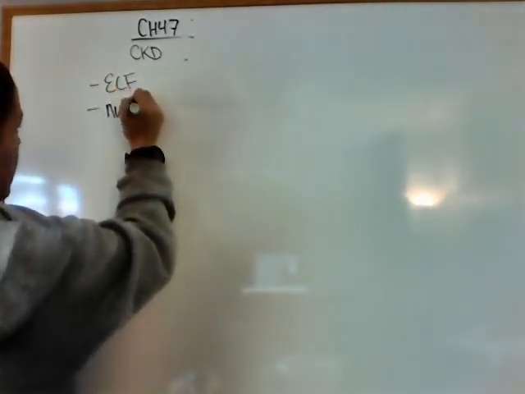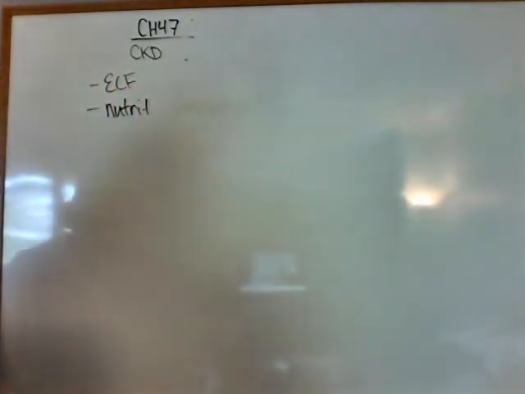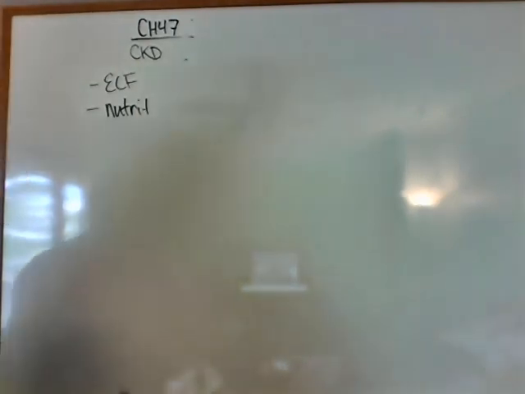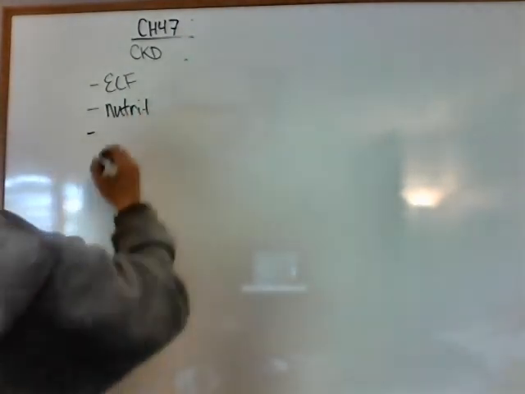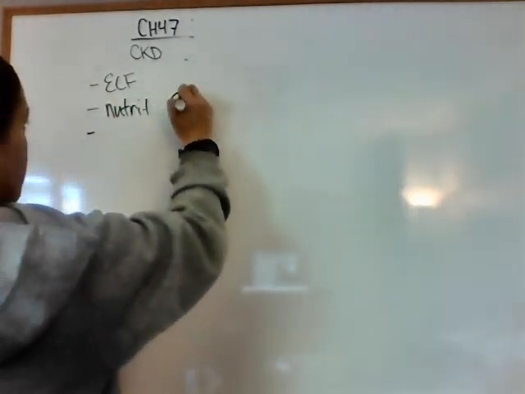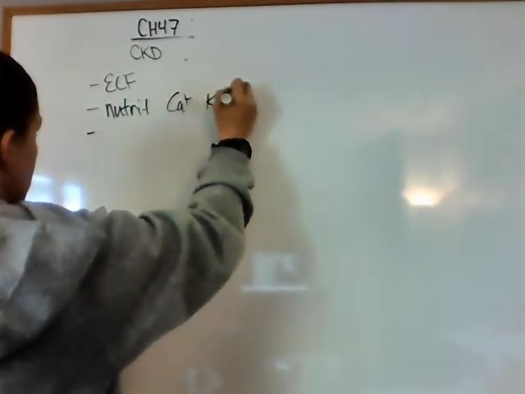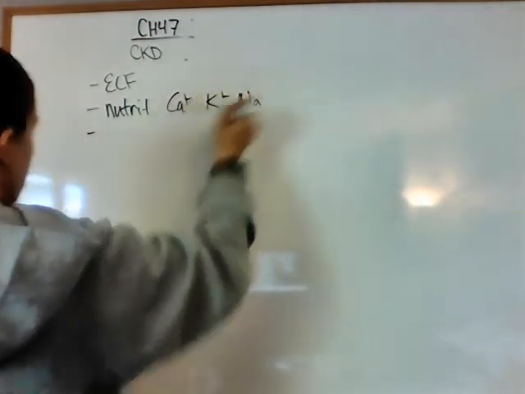Nutrition. Now, this nutrition is going to be based off of what our electrolyte values are, because if you have high calcium, I'm not going to give you more calcium. I'm going to give you something to get rid of the calcium. Right? So this depends on the electrolyte values. That is patient dependent. But yeah, it could be calcium or it could be potassium or it could be sodium or sodium restriction.